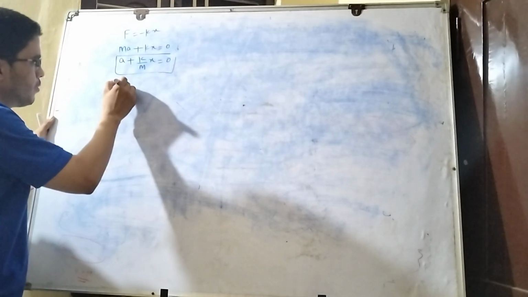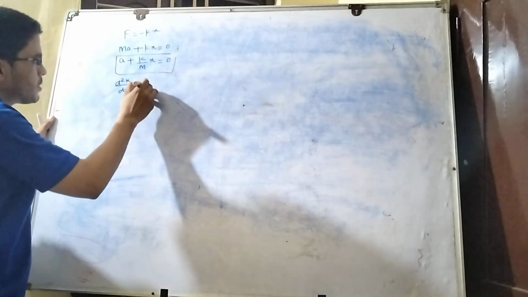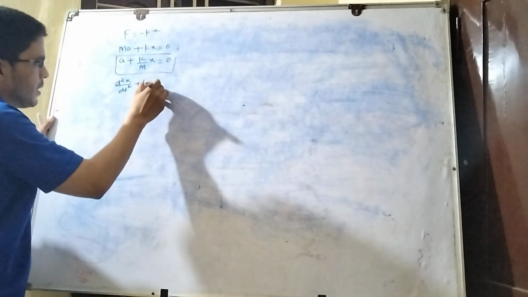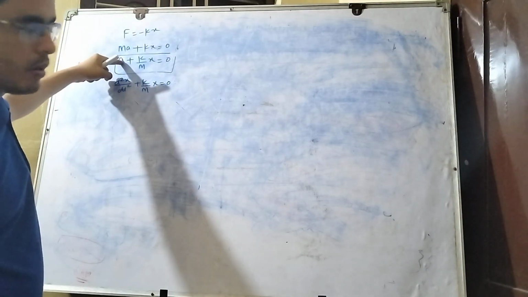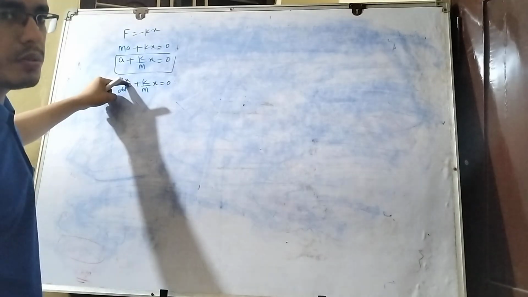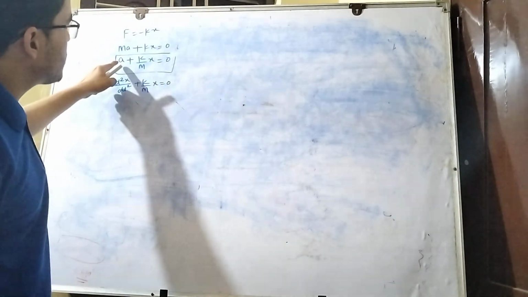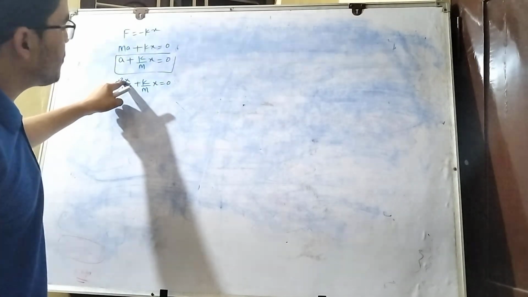We know that a is d square x upon dt square, so d square x upon dt square plus k by m into x equals 0. Here we can also write a as v d by dx, but here x is present, so write this value as a function of x.